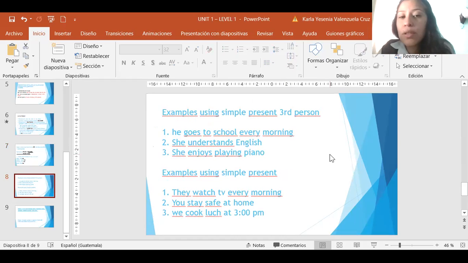Acá también tenemos entonces otros ejemplos de cómo funciona el simple present. Recordemos que es un tiempo fácil de distinguir. ¿Y cómo va a saber usted que es un tiempo fácil de distinguir? Únicamente utiliza dos verbos auxiliares, que ya sabemos que son el do y el does. ¿Sí?